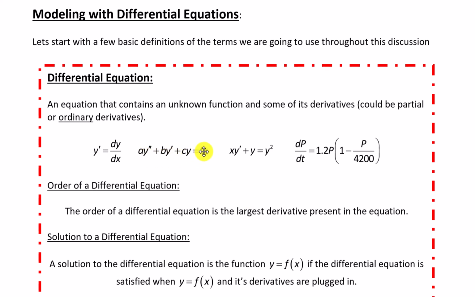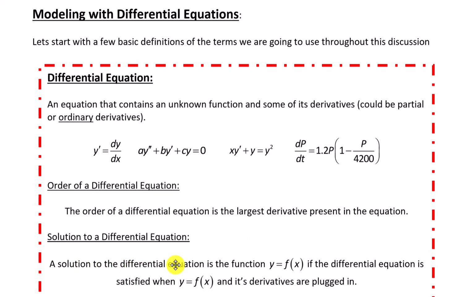The solution to the second differential equation example above would be the function y that satisfies this equation when we take the second derivative of the function and multiply by some constant a, plus b times the first derivative of the function, plus c times the original function. All of that would add together and give us 0. That would be the solution.